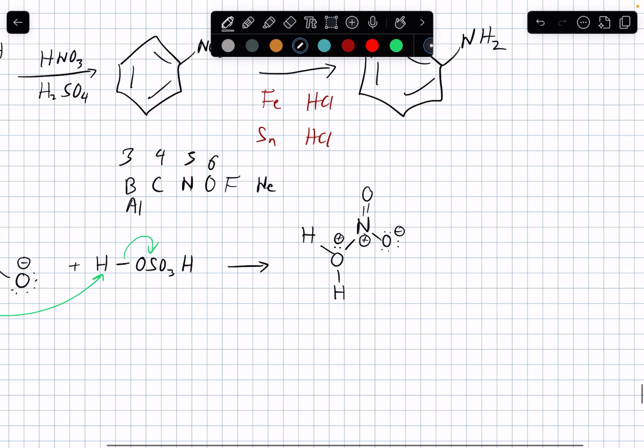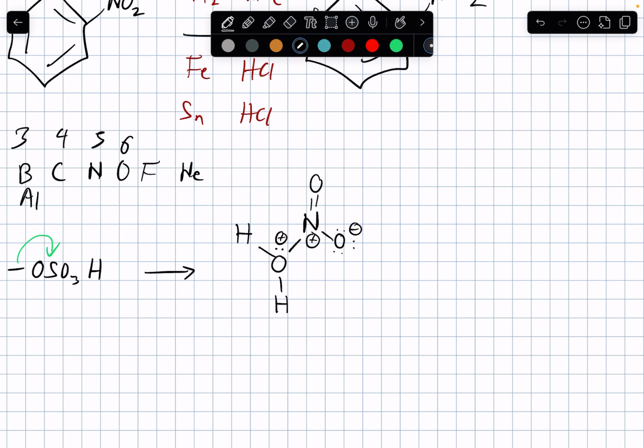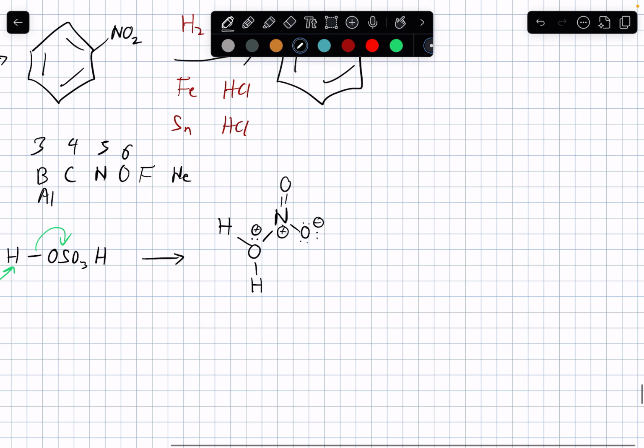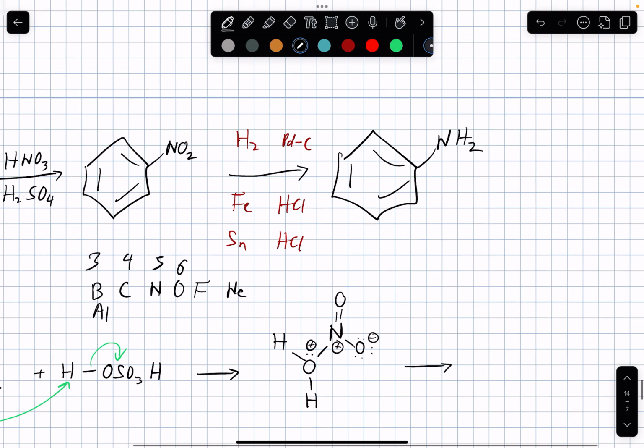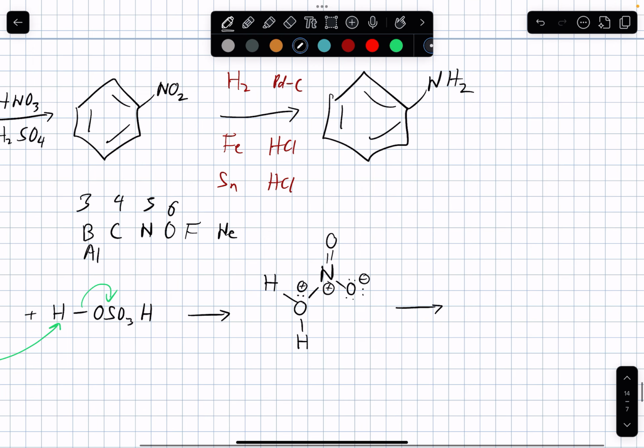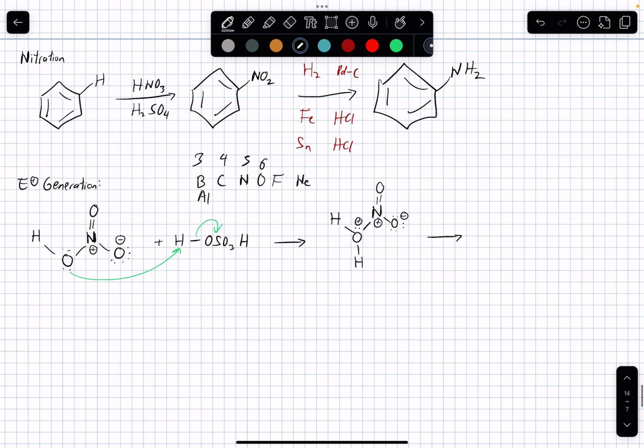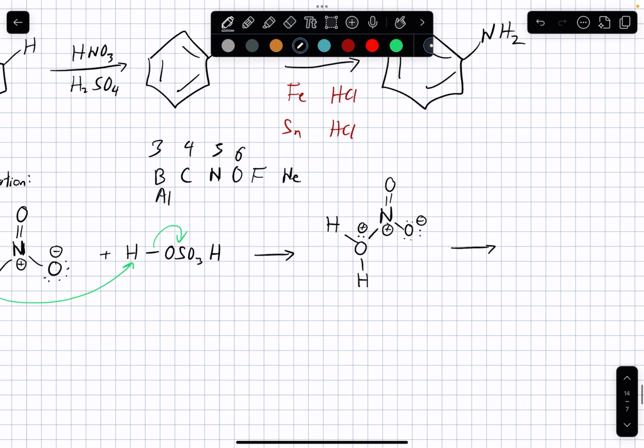Nitrogen is still positive. So as you can see, there are two positive charges very close to each other. It cannot stand that. So it's gonna turn into what? It's gonna turn into our electrophile. No?